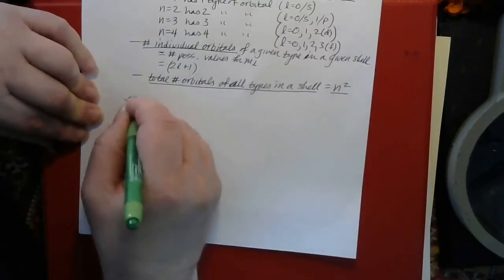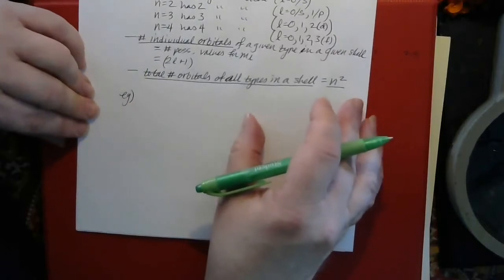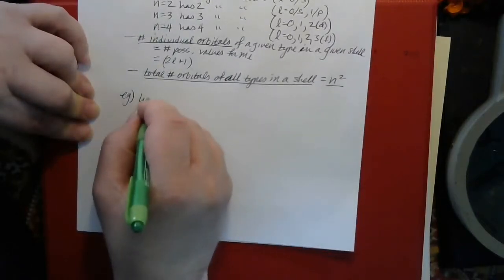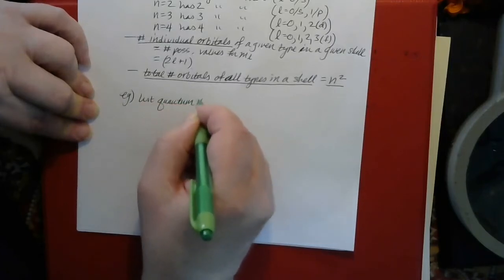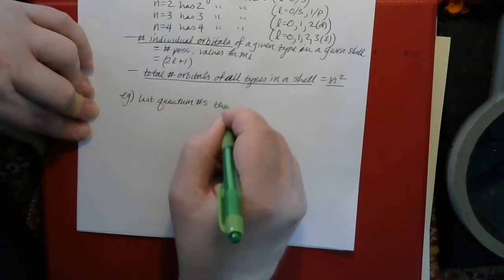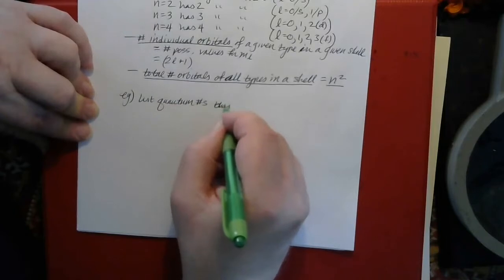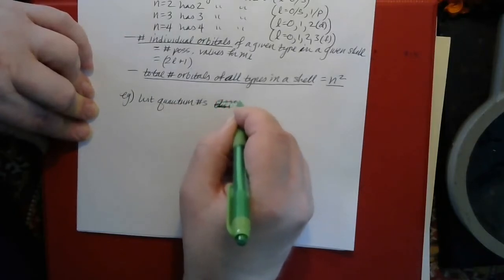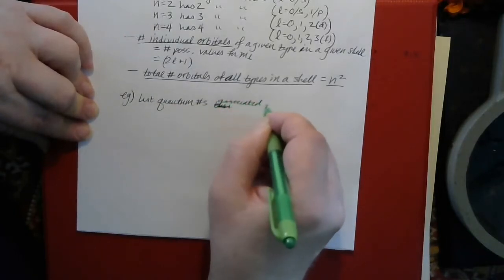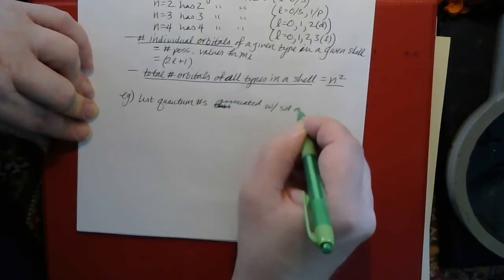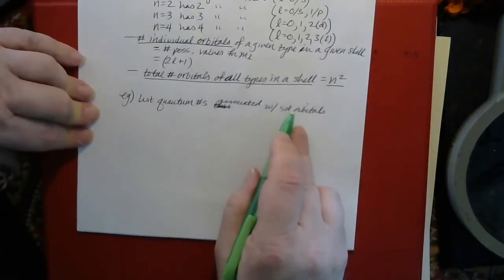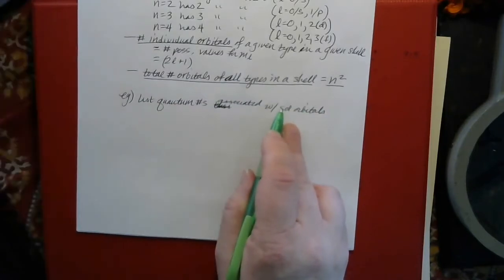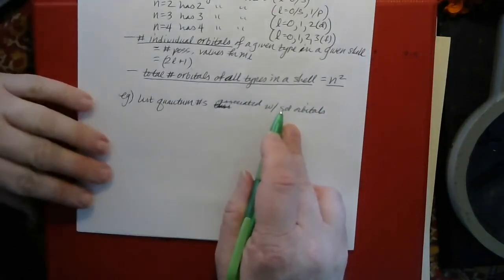Okay, so as an example of some questions that might be asked about this kind of thing, if we're talking about a 5d orbital, that is a d-type orbital in shell number 5, then what would the quantum numbers associated with that be?